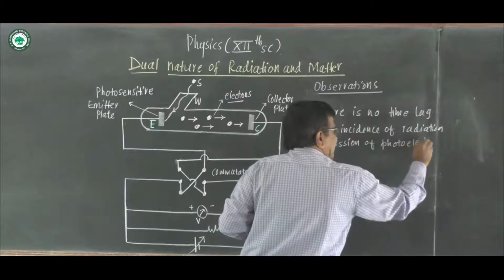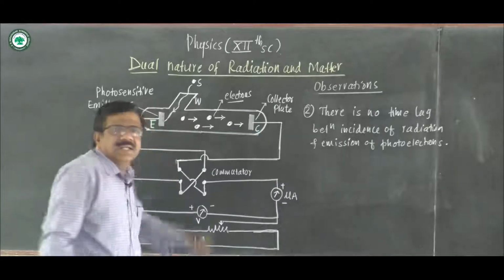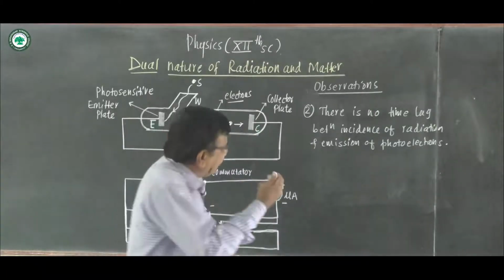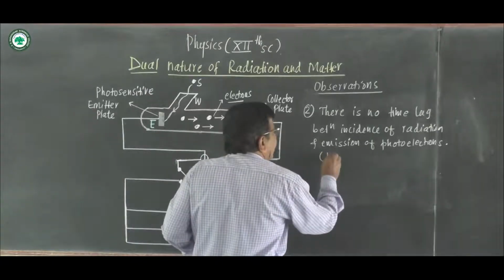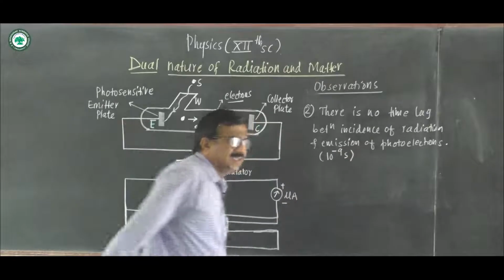As soon as radiation is incident on the emitter, at the same time photoelectrons are emitted. That time interval is very small, about 10⁻⁹ seconds. That is a very small time.